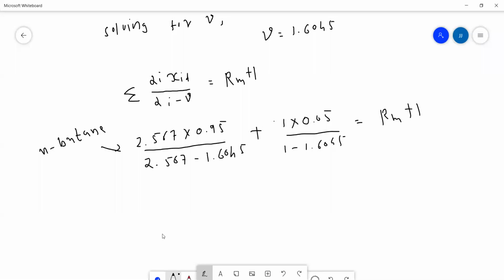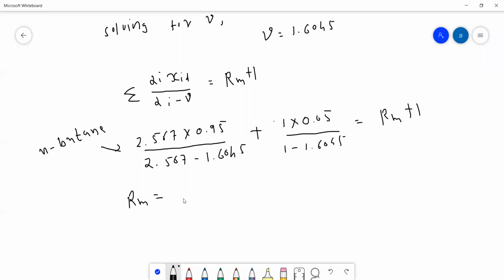So then you will get Rm equal to 1.45. So this is the answer of problem statement 1.